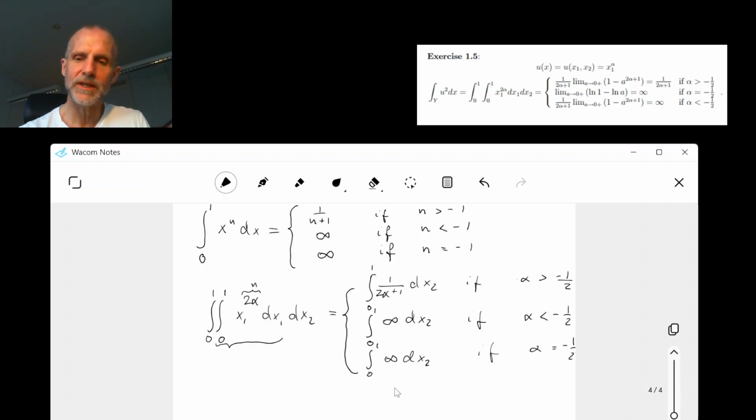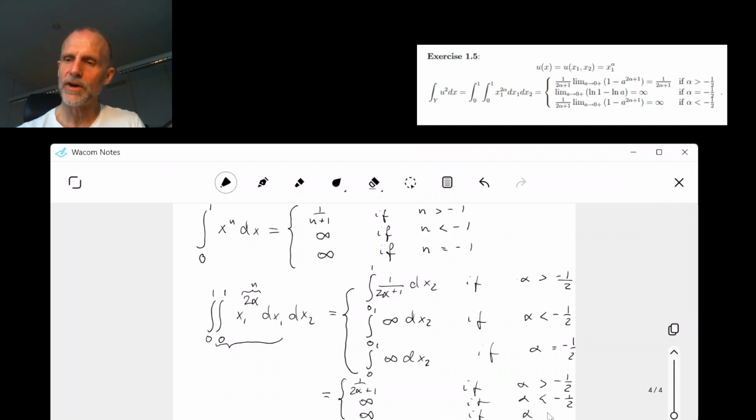So what does this mean? We have 3 different cases. We have the case 1/(2 alpha plus 1) if alpha is larger than -1/2, is equal to infinity if alpha is less than -1/2, and is equal to infinity if alpha is equal to -1/2.